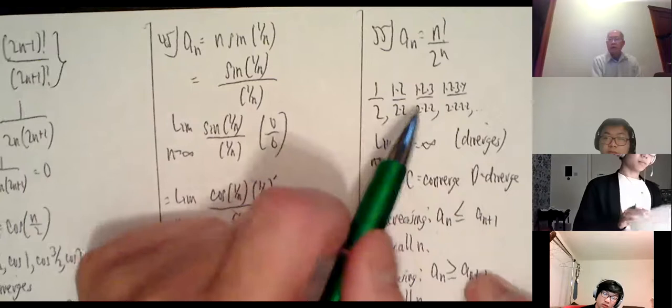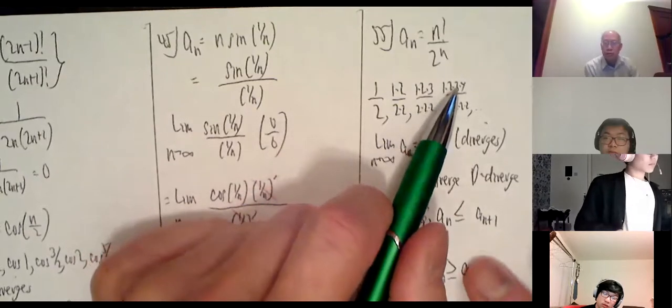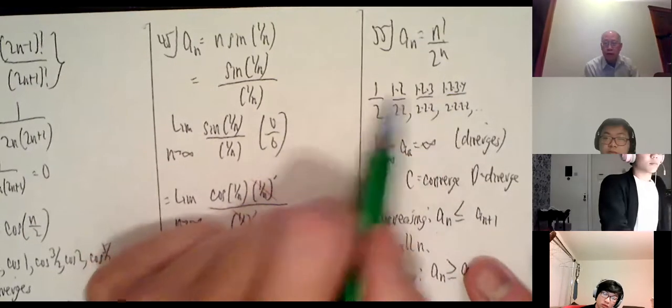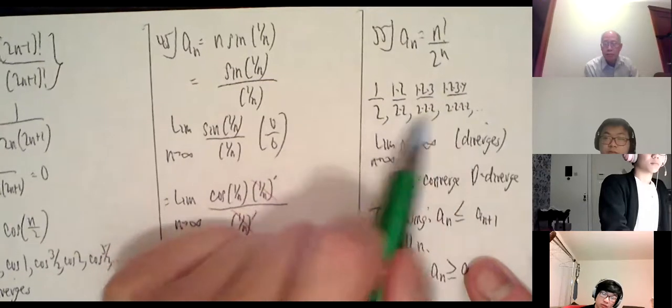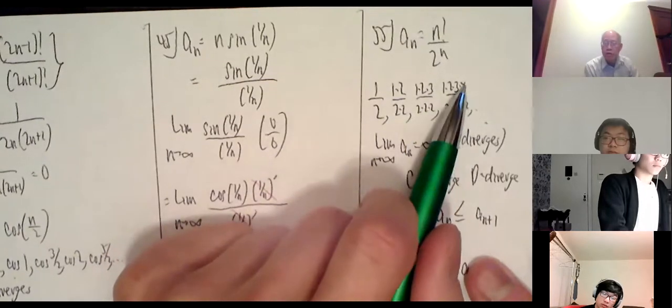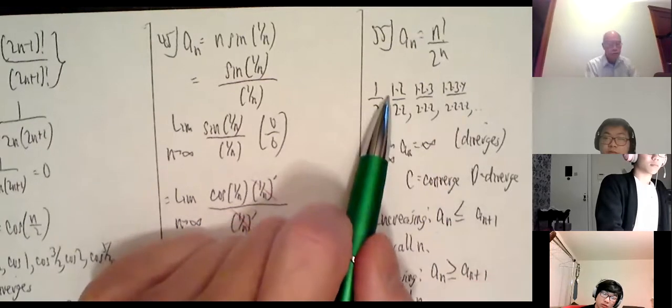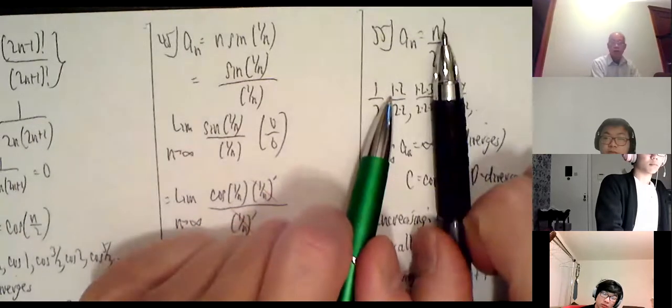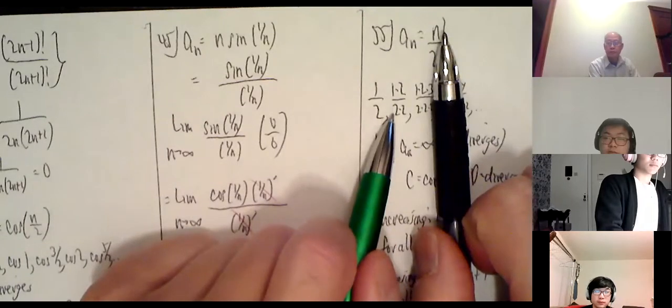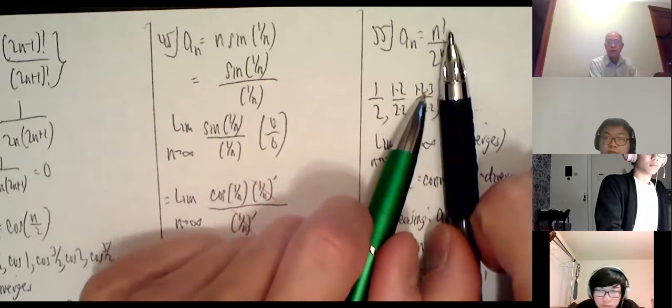Can you see what's happening? The top is winning. As I keep going term after term, the bottom you keep multiplying by 2, but the top you keep multiplying by a bigger and bigger number. Take a look at this. 1 times 2, 2 times 2. What happened here?